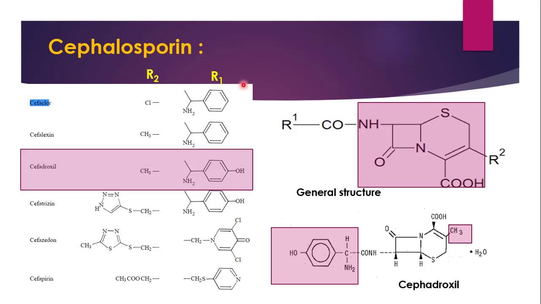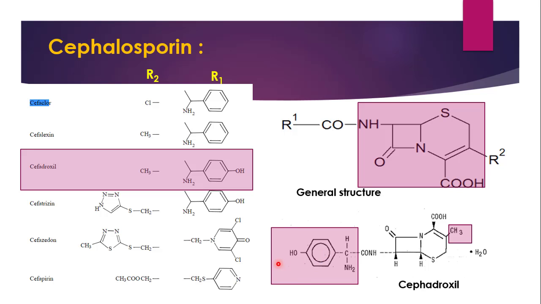Now coming towards the various cephalosporin substituents, this is the general structure, which is nothing but a 6-membered ring and a beta-lactam ring. Here there are 2 substituents, R1 and R2. I will take only one example which I have highlighted, cephadroxyl. Here R2 is CH3 and R1 is phenyl.